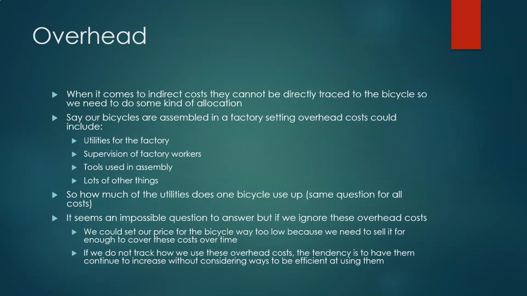But when we put that bike together, we're going to be using tools like a screwdriver. A screwdriver is not a part of the bicycle. So how do we account for the cost of that screwdriver that we use to assemble that bicycle? Oh, we're going to assume it's going to be a part of the overhead. There you go. Now we've got it. So when we think about things like that, it becomes common sense. That makes a lot of sense.